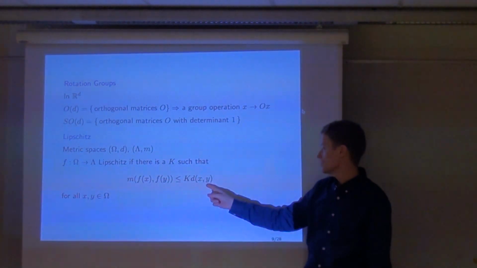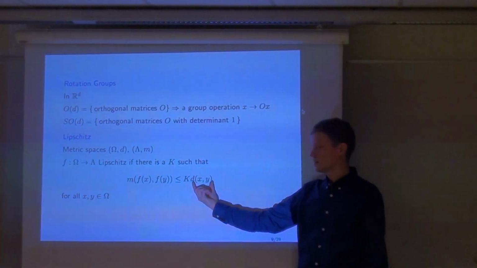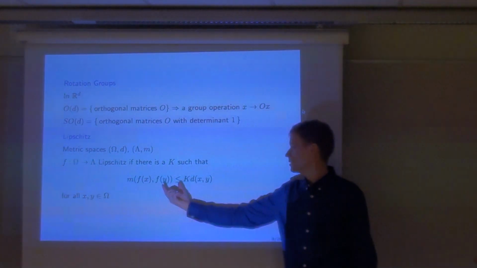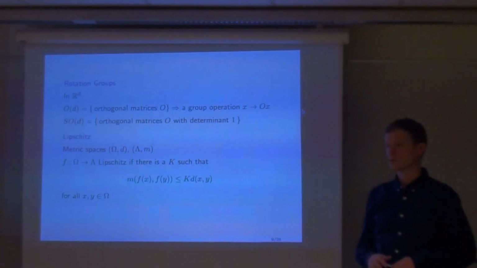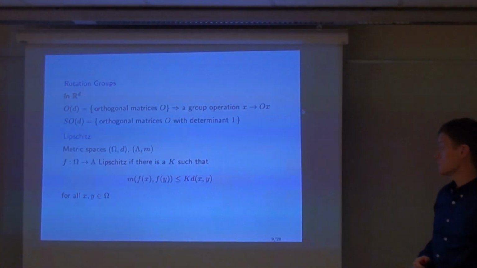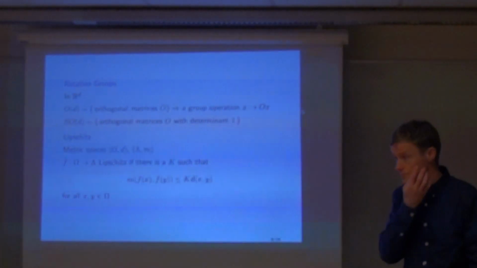So if x is close to y, then there must be a constant here, finite, such that the corresponding output points are not too far apart. Then the function is Lipschitz continuous.